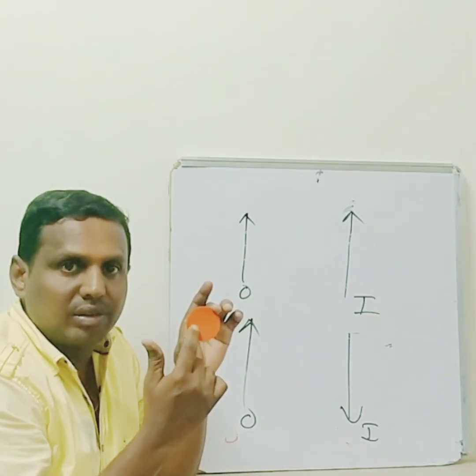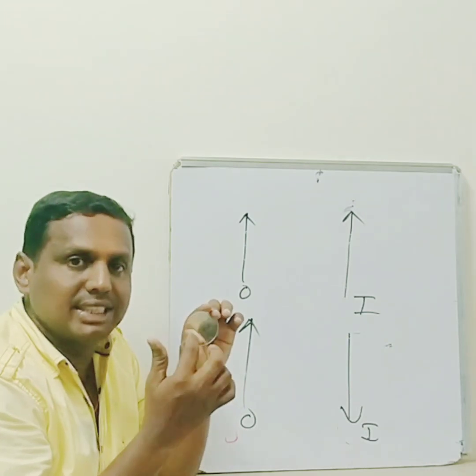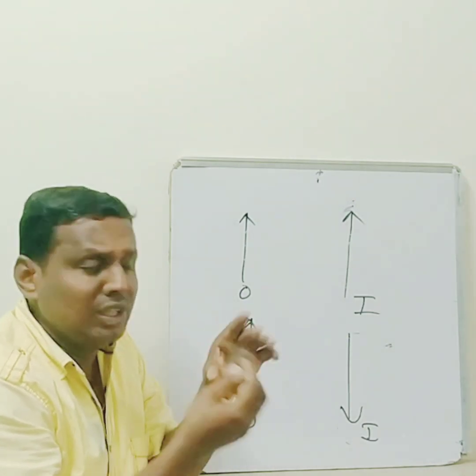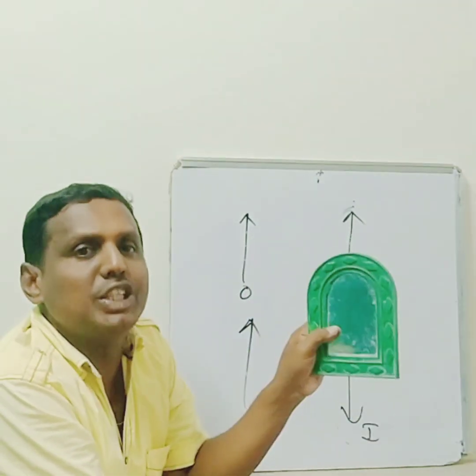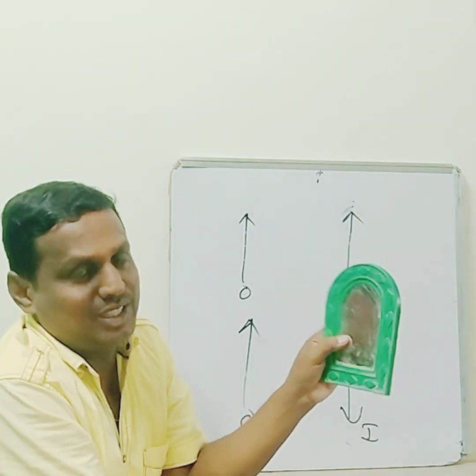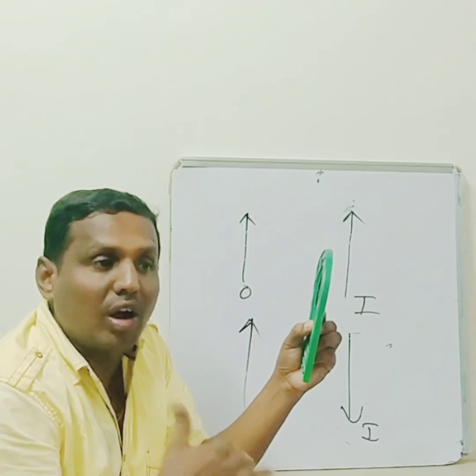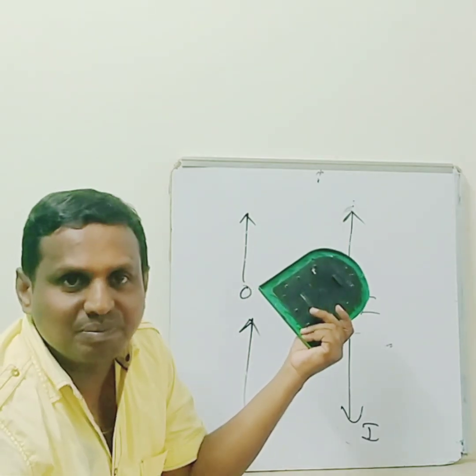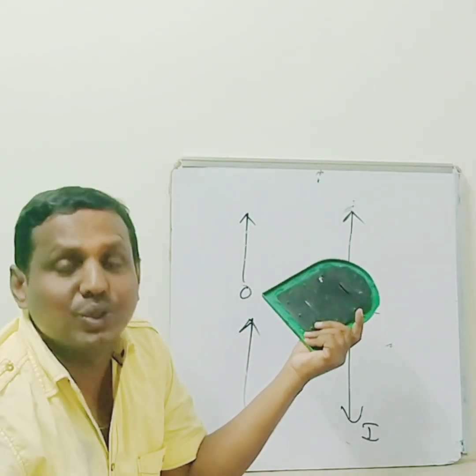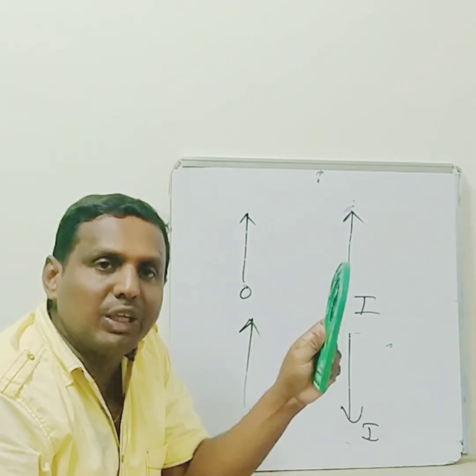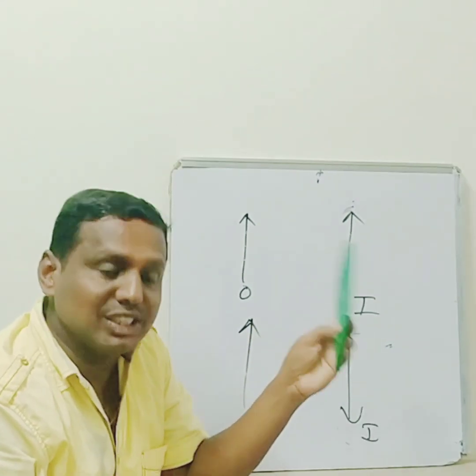The inner side is silvered. The outer side acts as a reflective surface. So this mirror always gives a virtual image. We can see our face in the mirror only, but there is no chance to catch the image on the screen or on paper. So a plane mirror always gives a virtual image.